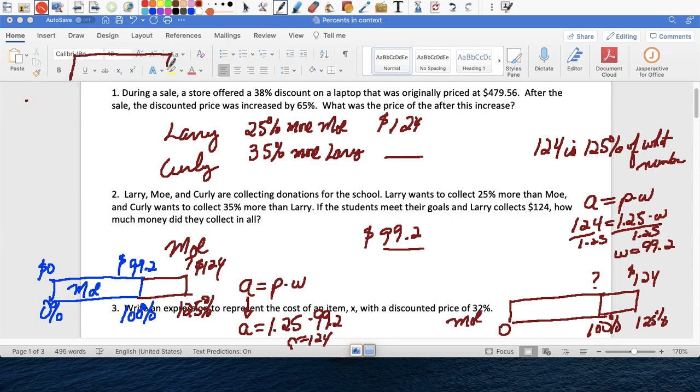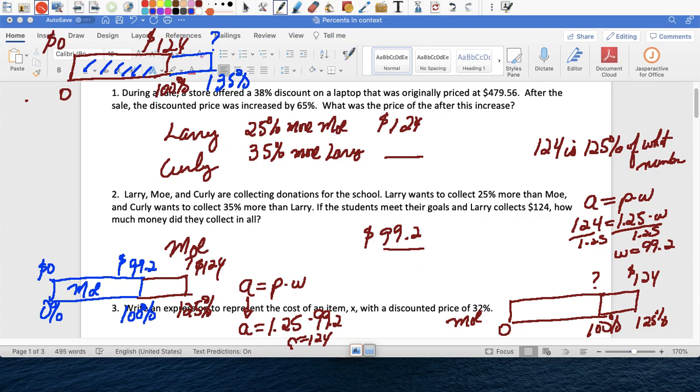I'm going to draw a bar model. Right now, Larry has $124. So Curly is going to have whatever Larry has, and we're going to add on 35% of whatever Larry has to here. So that's going to take us to 135%. So what is that number?